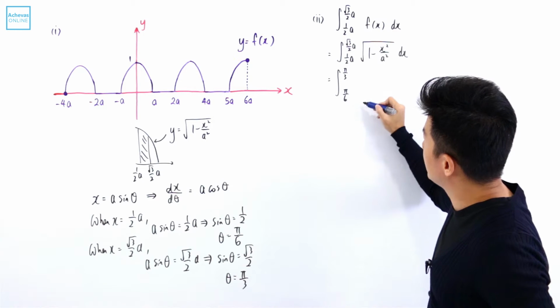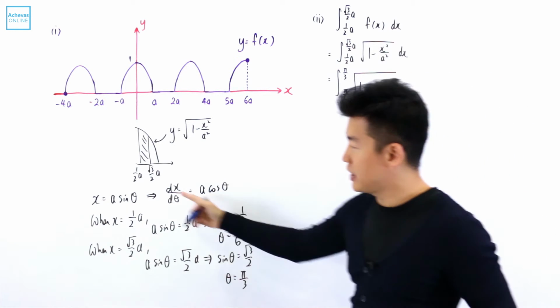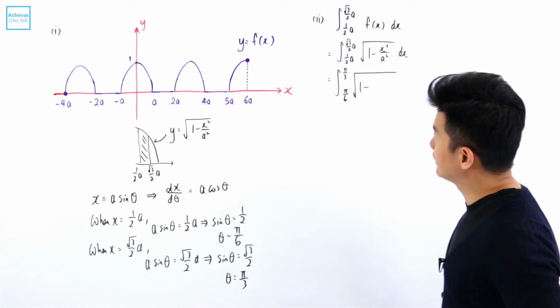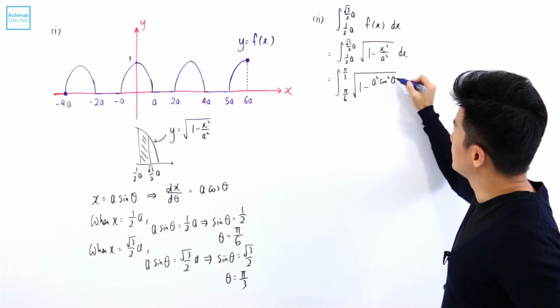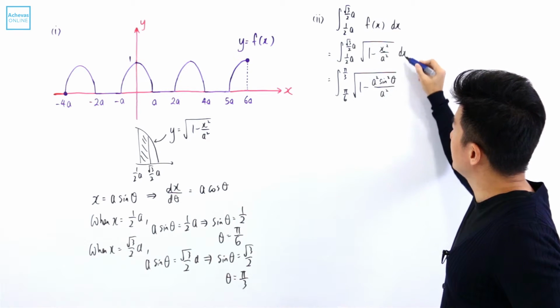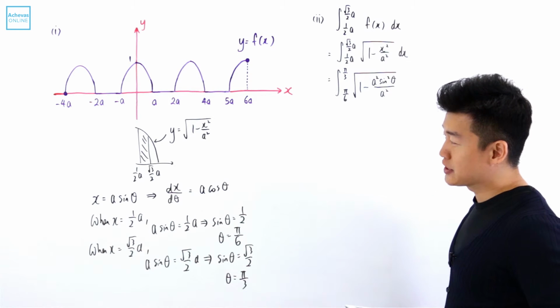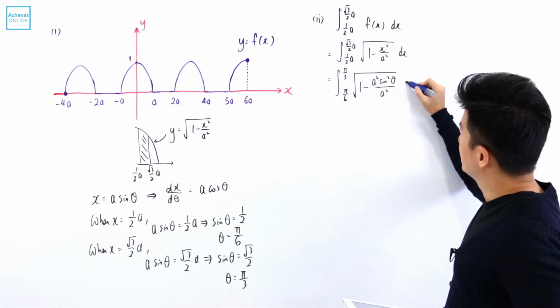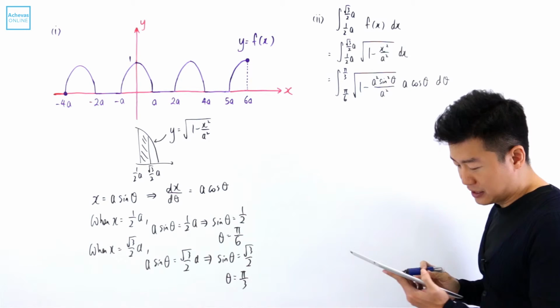So this is the integral from pi over 6 to pi over 3 of square root of 1 minus x squared over a squared. x is a sine theta, so x squared over a squared is a squared sine squared theta over a squared. And dx is replaced by a cosine theta d theta.